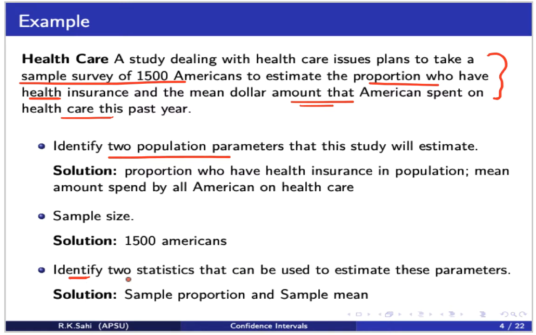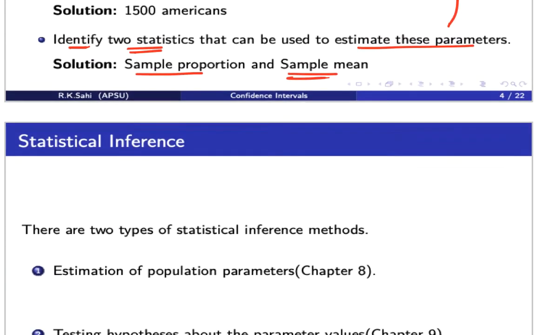So what are those two statistics which will estimate these population parameters? Remember, if it is a proportion, then for the statistic it will become the sample proportion. And if it is a mean dollar amount, that is the population mean, in terms of statistics it will become the sample mean.